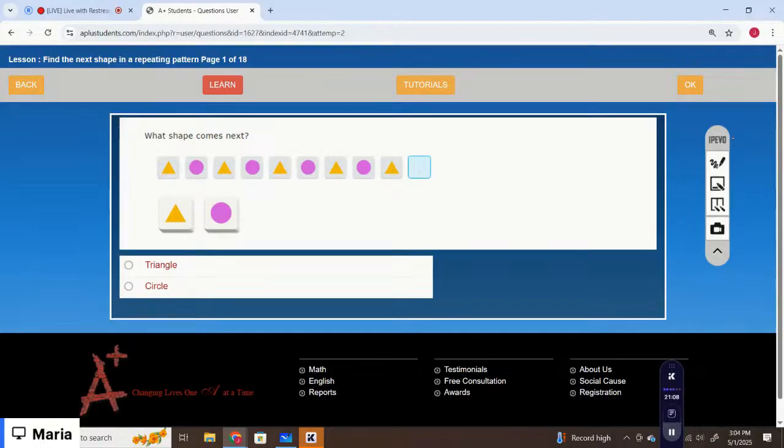That is triangle, circle, triangle, circle. So after a triangle, the next shape in the sequence is circle. Option number 2 is the correct option. That is a circle.